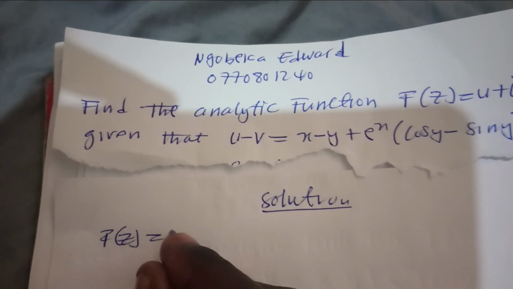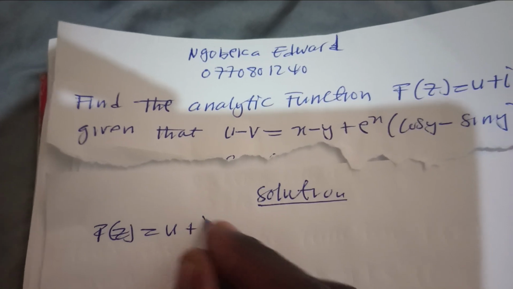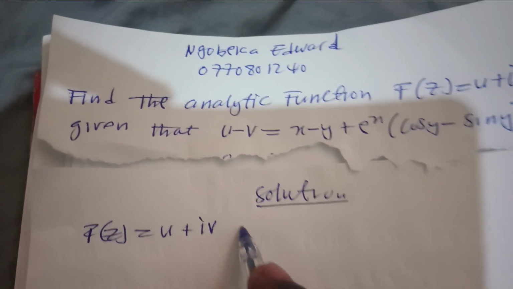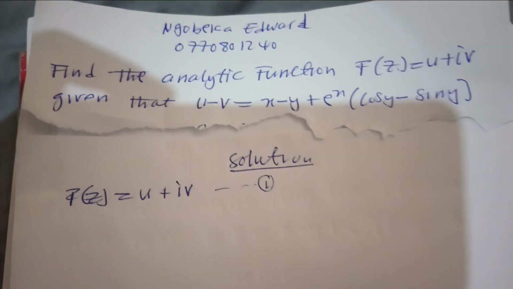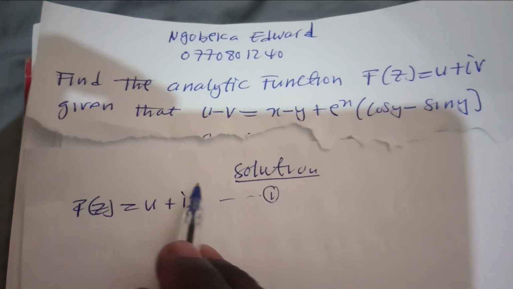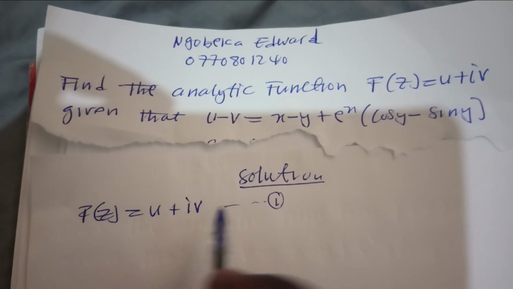since we know that f(z) is equal to u plus iv. So this is equation number 1. What we should do is multiply the whole of this equation by i.